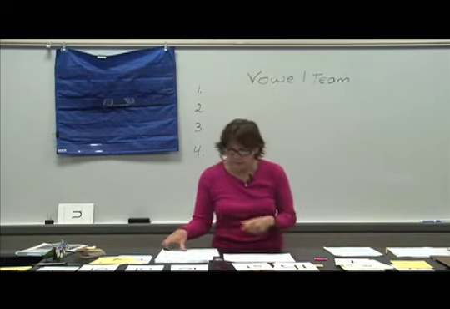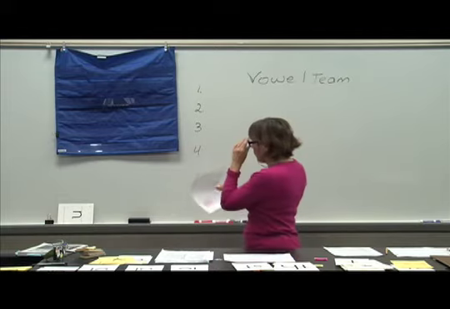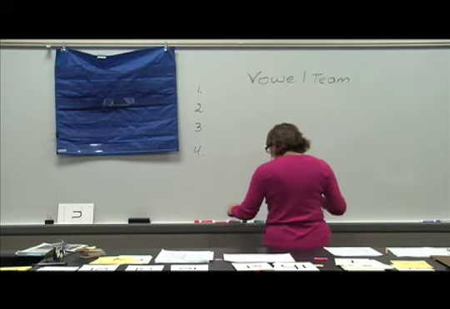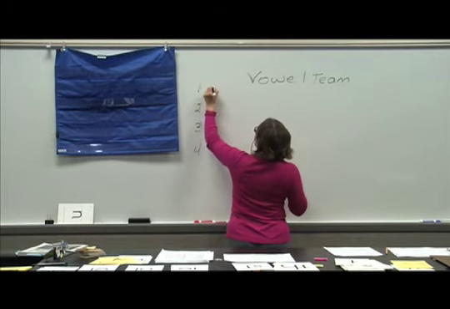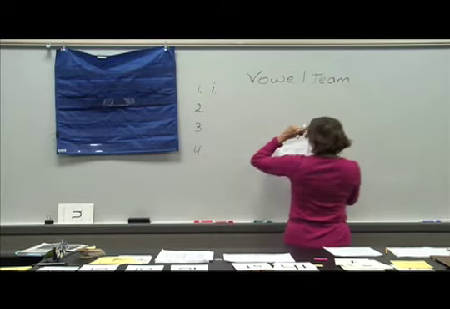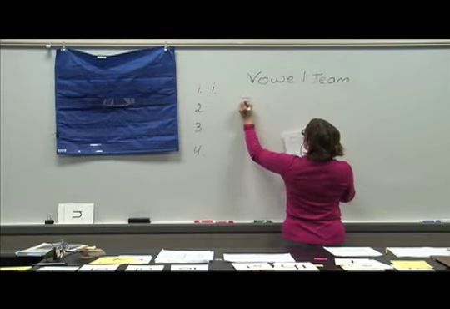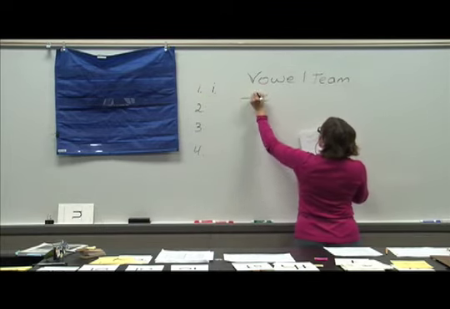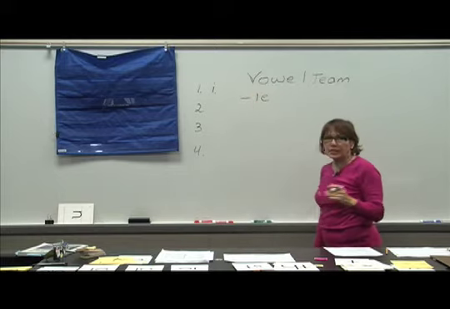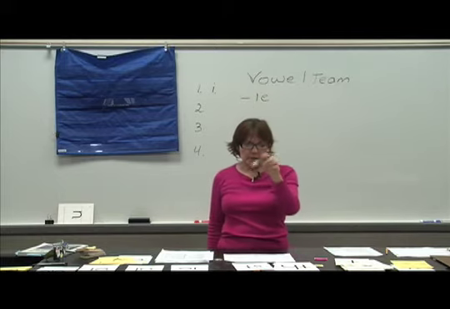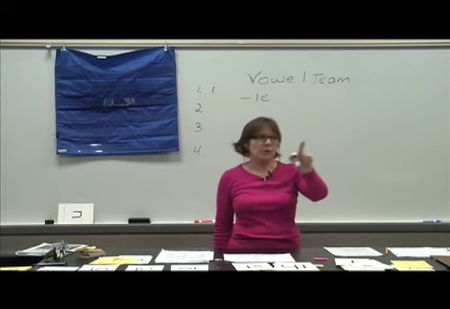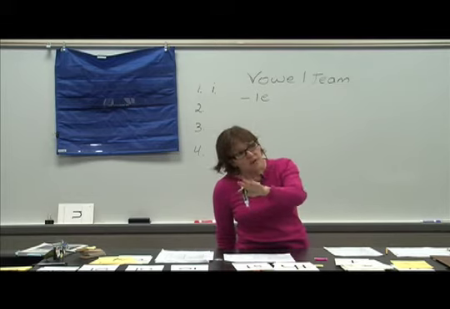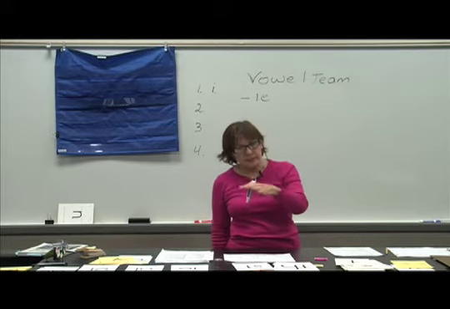All right, the very first vowel team is the I-E team. A vowel team is simply two vowels together. Again, you may have heard the rule that when two vowels are together, the first one talks and the second one walks, or listens.